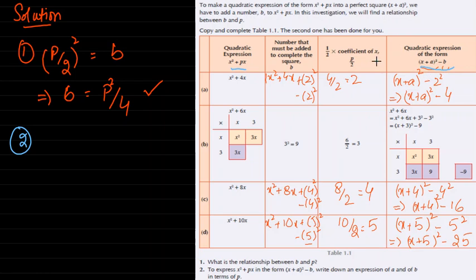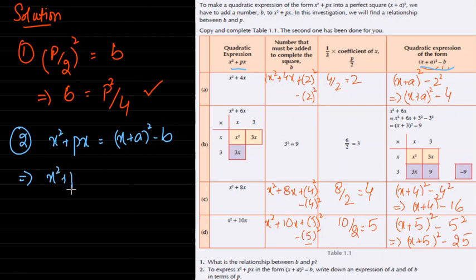So let's equalize them both to better understand. X square plus px, right, is equal to x plus a whole square minus b. Is that fine? Right. Now we can also see what we did here, that whatever we added b and subtracted b as well.